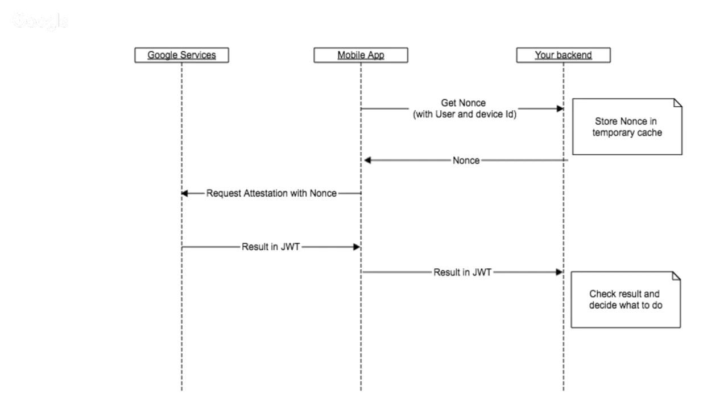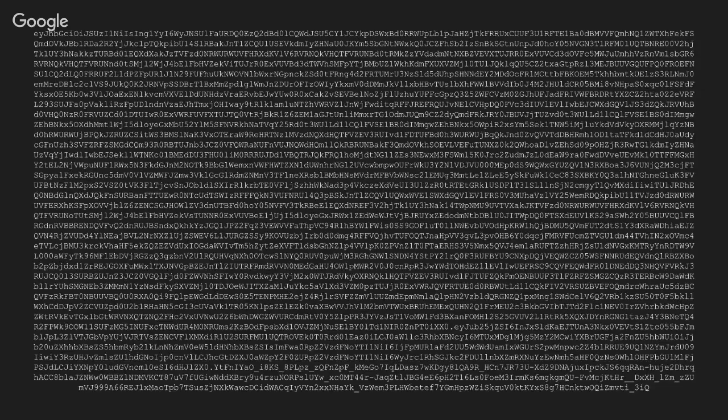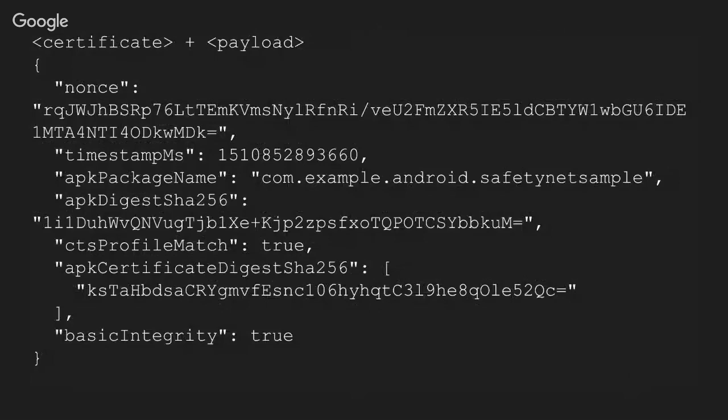So what is this token? It looks like that. And it consists of a certificate and a payload. And here you can see that we have some nonce, this unique identifier that we requested from the backend.